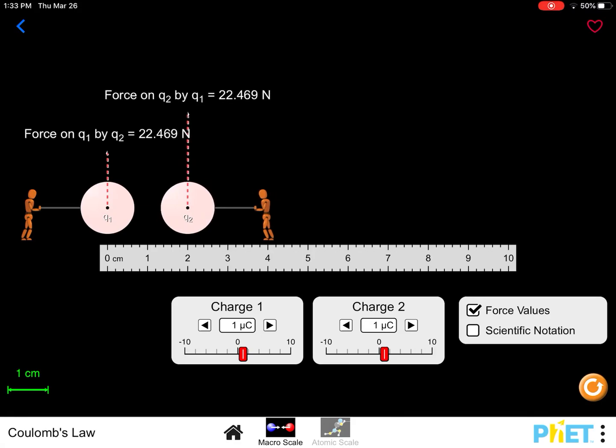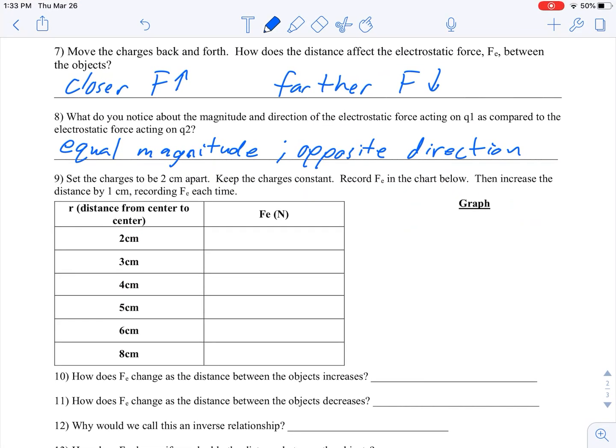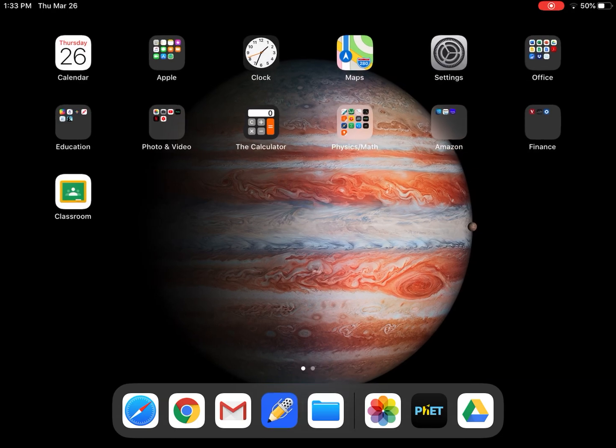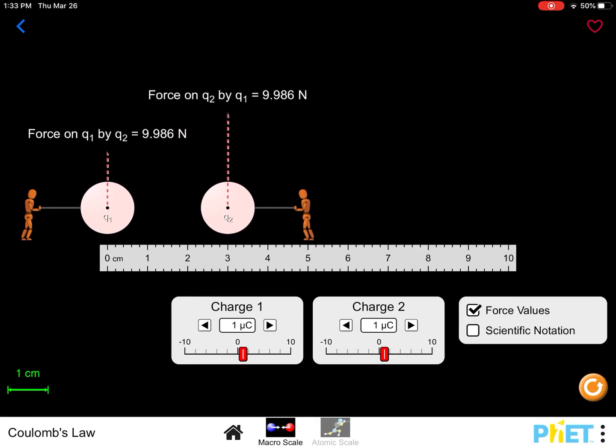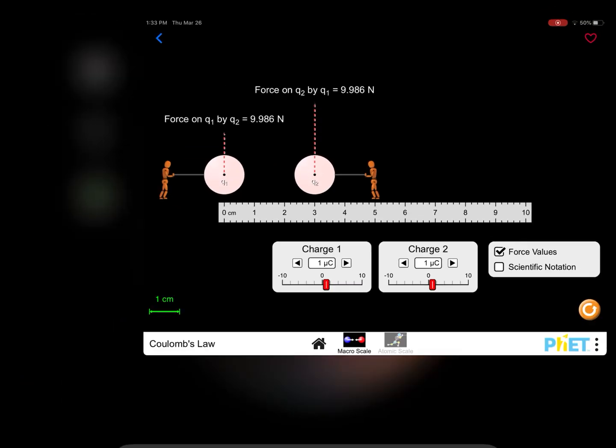So when they're 2 centimeters apart, the force between them is 22.469. So record that. Now, if you chose different charges, your number's going to be different. That's fine, it'll still work. All right, so let's go 3 centimeters apart. 9.986.